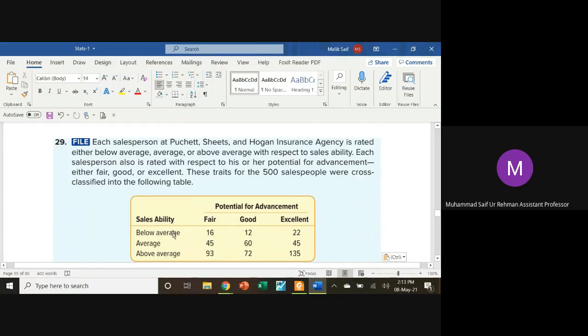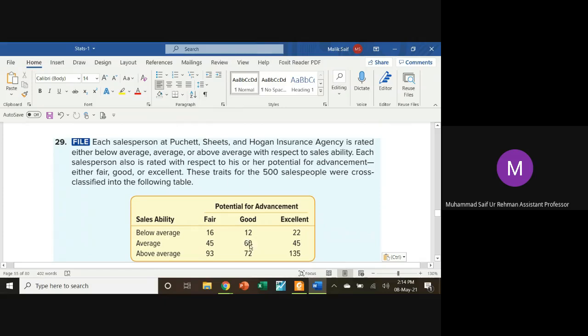Below average sales ability, 16 have below average. Let's say this 16 means 16 salespersons have below average sales ability, and at the same time, as fair is there, the potential for advancement for these 16 is fair. If you come to this 60, at the same time it is explaining that 60 salespersons are there with an average ability of sales, and at the same time the potential for their advancement is good.